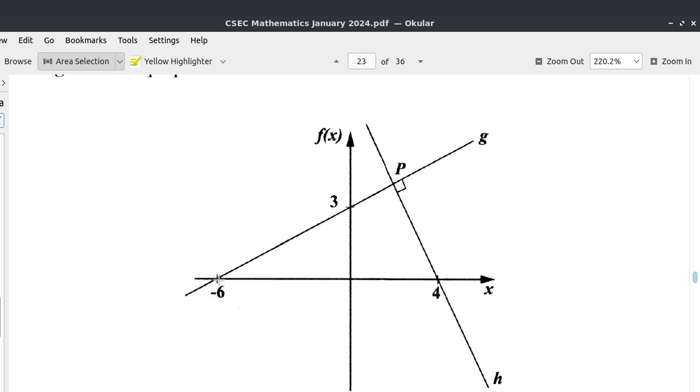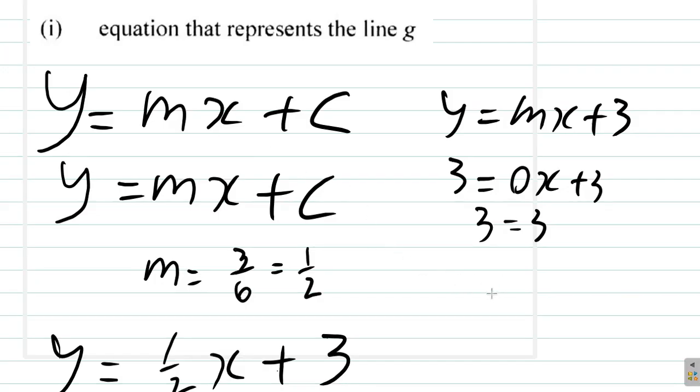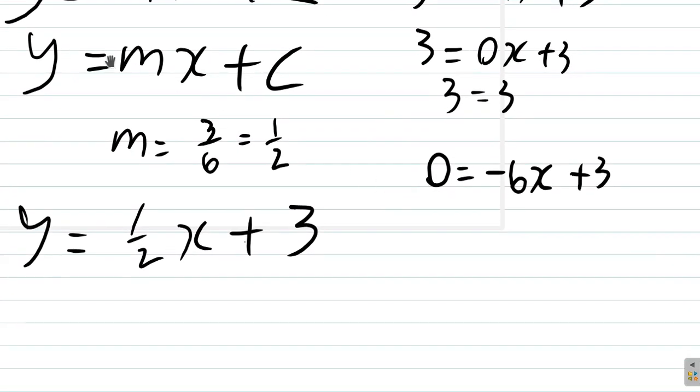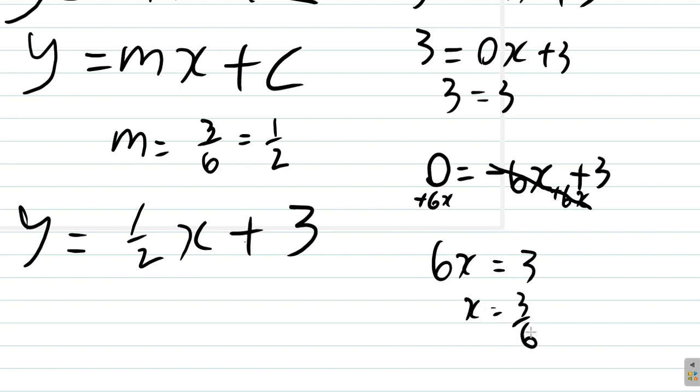When x is -6, y is 0. So y is 0, equal to... what am I doing here?